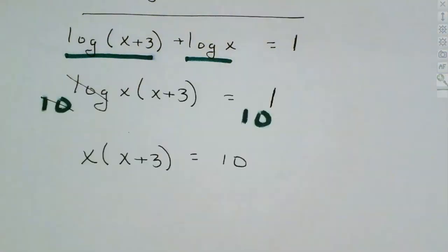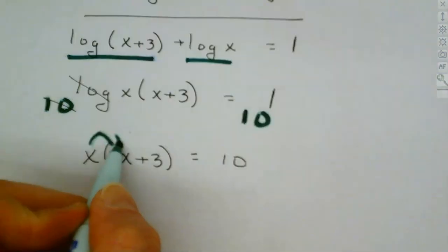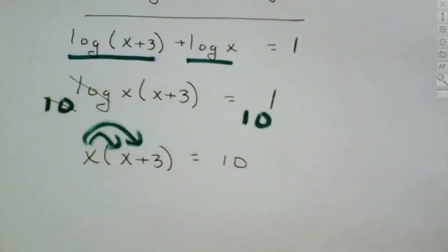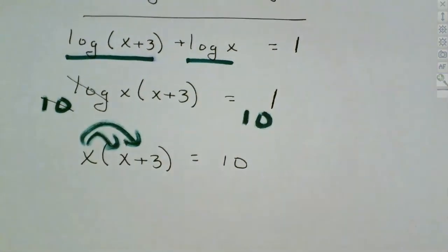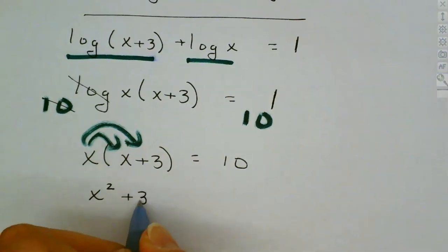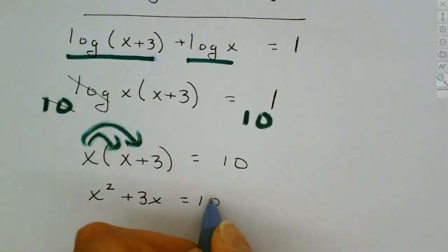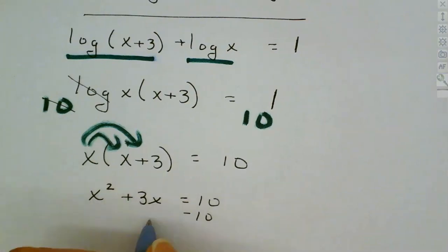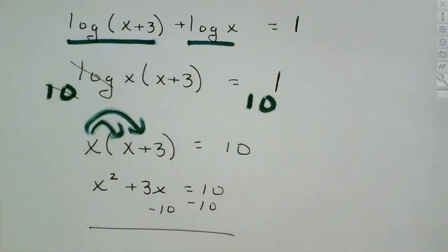Well, eventually we've got to set this equal to what? 0. Before we can do that, though, we need to distribute that x through. So we'll go ahead and distribute that x through. And that's going to give me then x squared plus 3x equals 10. We'll move my 10 over, and then we can factor.